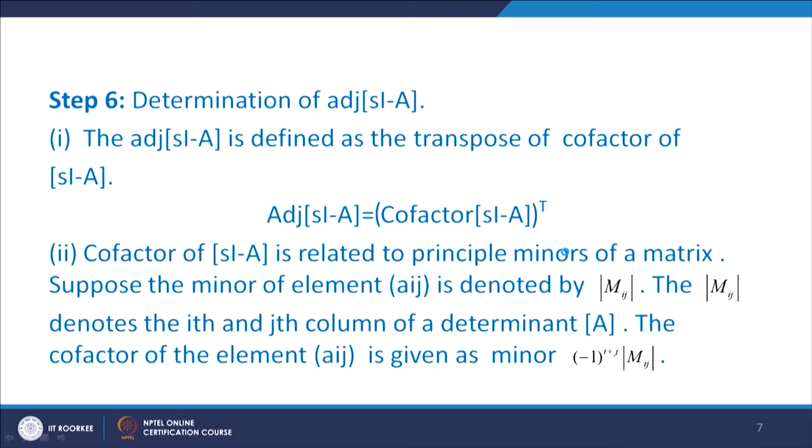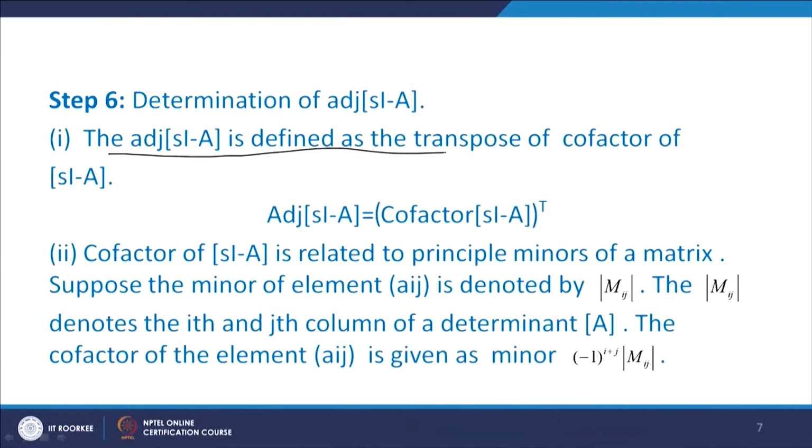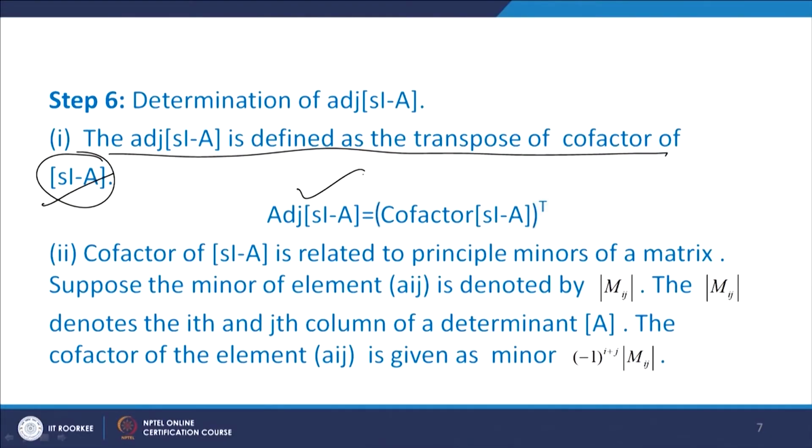First of all we define what is meant by the adjoint of (sI minus A). The adjoint of (sI minus A) is defined as the transpose of the cofactor of (sI minus A). That means you have to calculate the cofactor of this (sI minus A), and then make it transpose. Therefore, adjoint of (sI minus A) equals cofactor of (sI minus A) transpose.